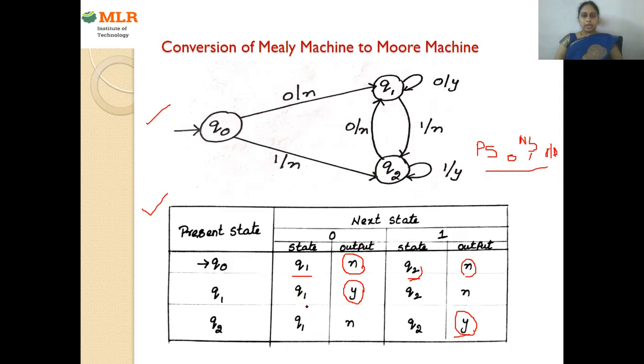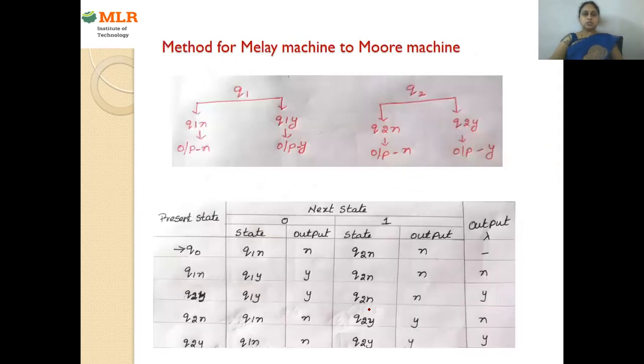In this particular case, we convert the given Mealy machine to a Moore machine by representing two different states for the two different outputs of the same state. For Q1, we need to take two different outputs. How can it be represented? Just observe here. On Q1, if I get the output N, then I need to represent its state as Q1N, and the output is N. Then Q1Y, for which I consider my output as Y. In a similar way, we take it for Q2.